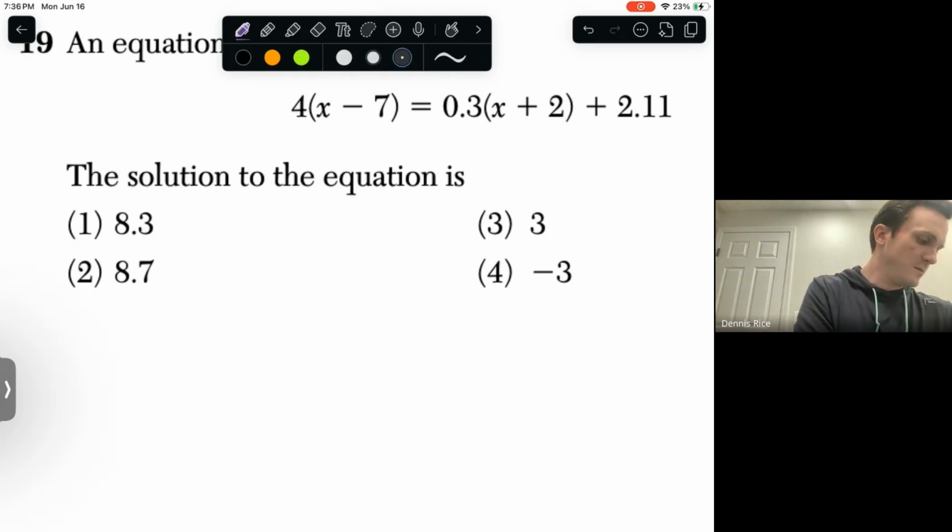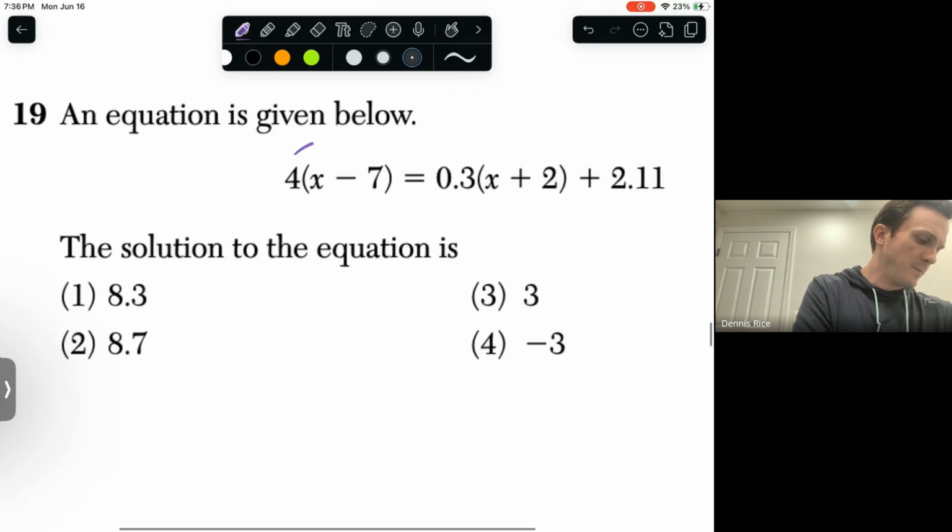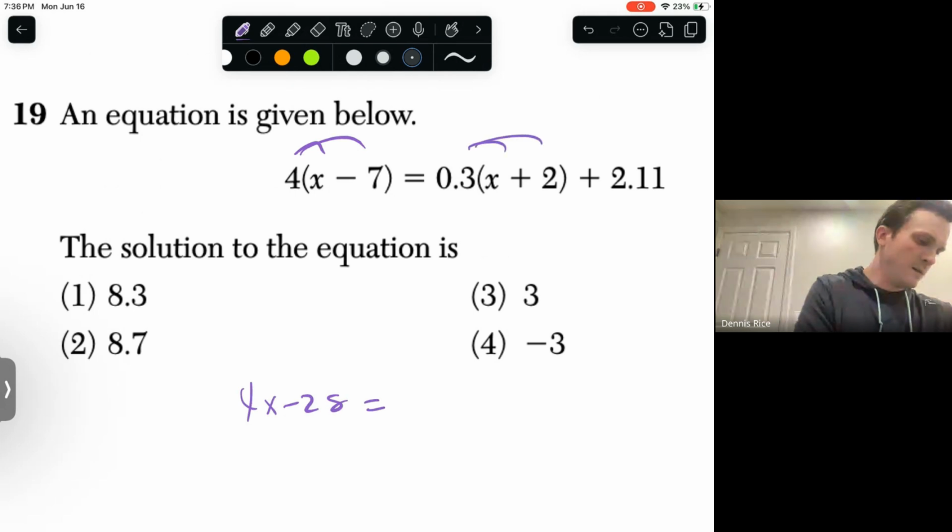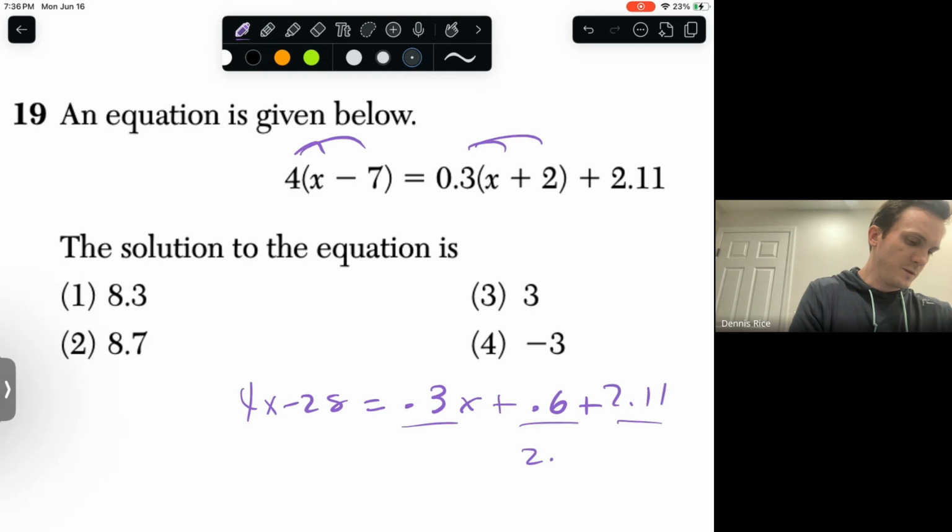What would I do? I would distribute here. We'll get 4x minus 28. We'll get 0.3x plus 0.6 plus 2.11. That's going to be 2.71. I'm going to bring the 0.3x over to the left.